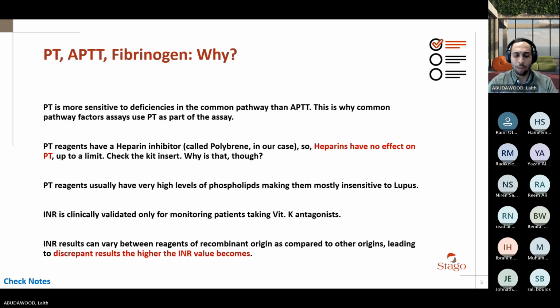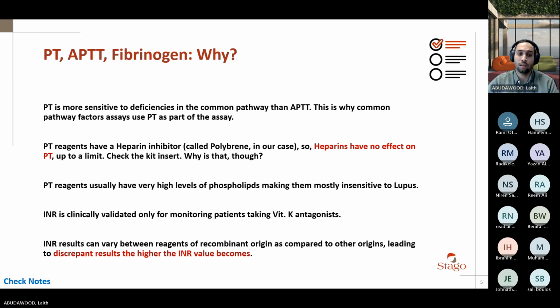Now, about each test individually, there are some important details that you need to know. For example, PT. Why are you telling us about PT? You already know everything about PT. Yes, but there are some important points which are not normally discussed. First of all, if you have noticed, when we run factor assays for extrinsic and common pathways, we use PT. Why don't we use APTT?